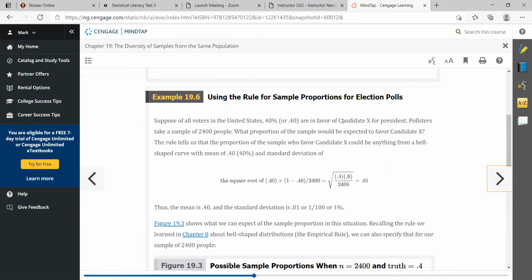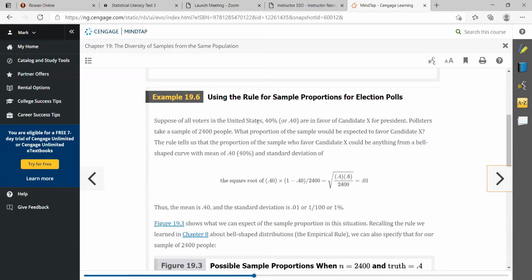Now, suppose pollsters are all taking samples of 2,400 people. So let's say there's 1,000 pollsters out there. Pollsters are people who do the sampling, right? And what proportion of the sample would be expected to favor candidate X? That would be one of the questions we could ask if there were 2,400 people in a sample.